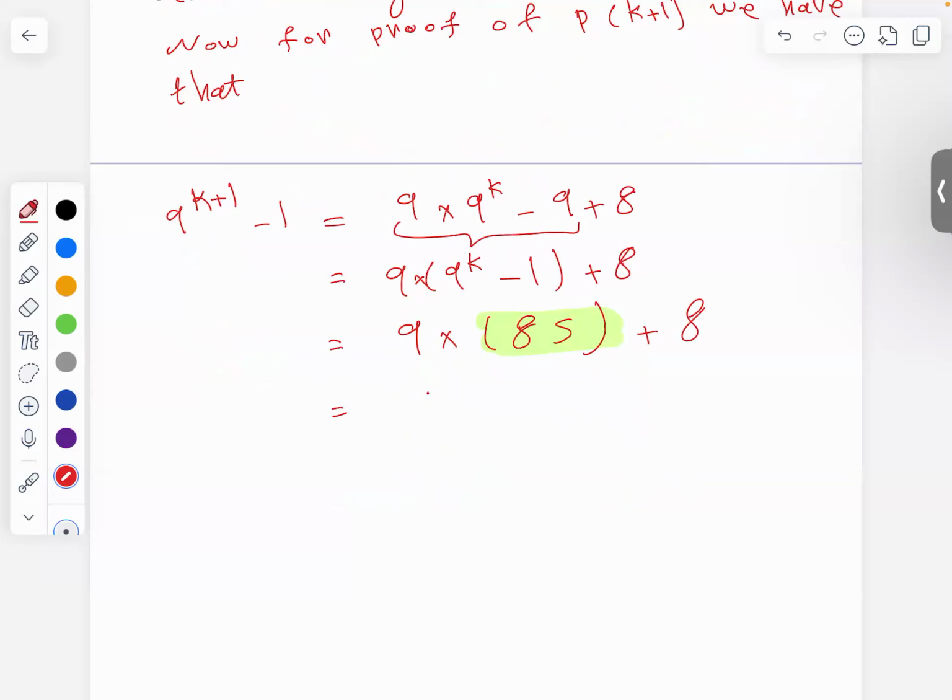From here, I will factorize 8. It will be 8 times (9s plus 1).